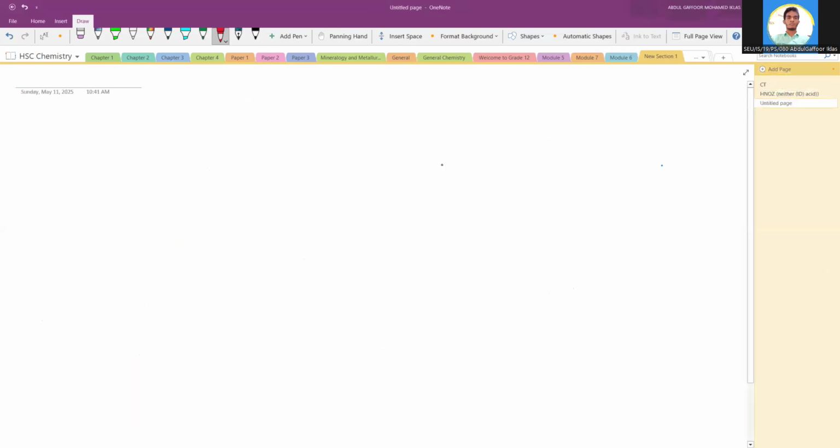Now, Grignard reagent. This is a very famous reagent in the entire organic chemistry. First of all, we have to know the general format of a Grignard reagent.